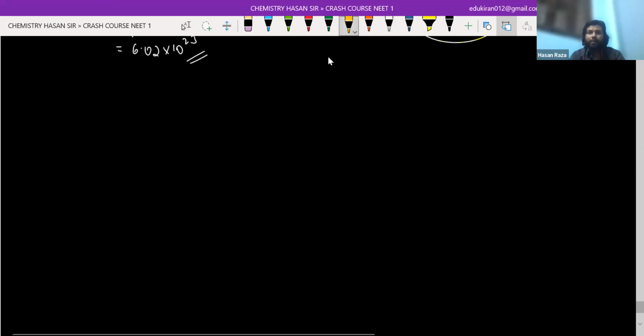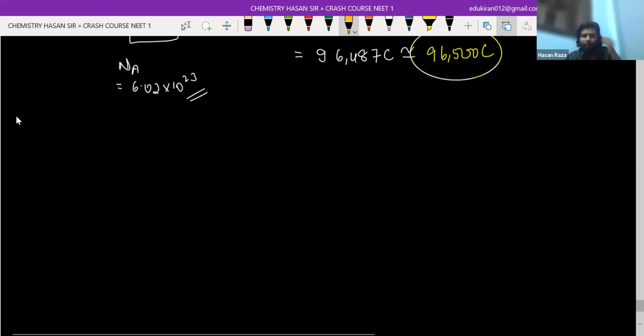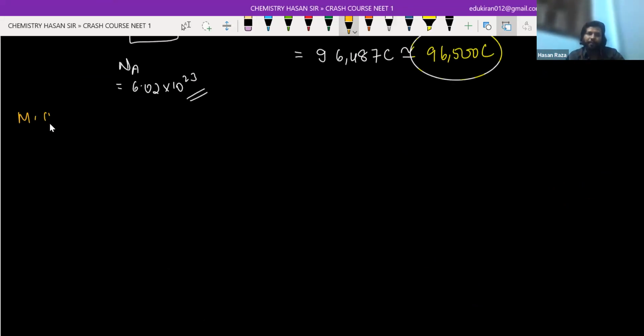Now see, if you apply the same idea, that question can be solved with an alternative method for this copper. As I wrote, the equation is Cu2+ plus 2 electrons gives Cu in solid.